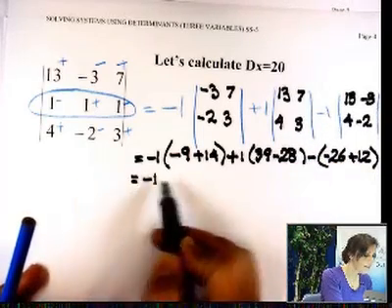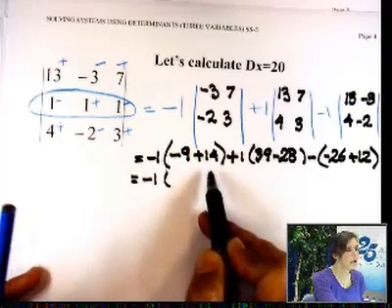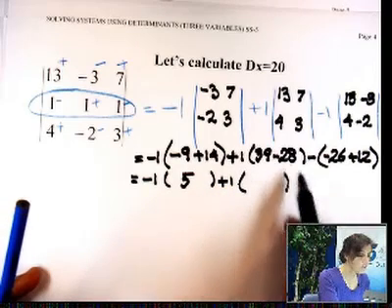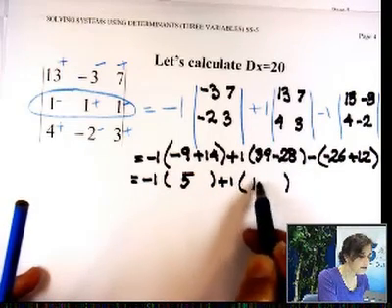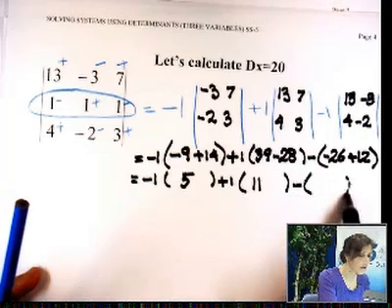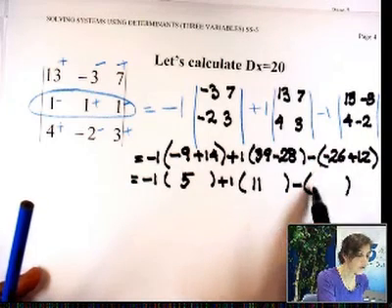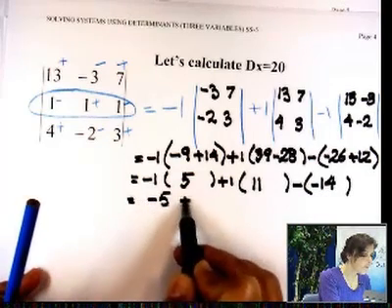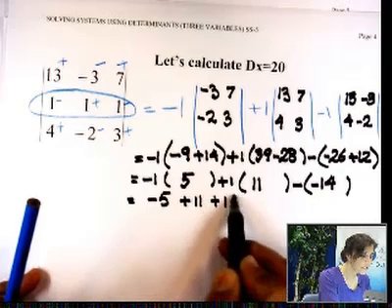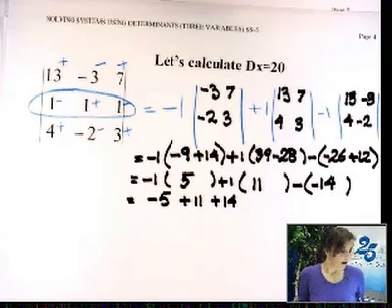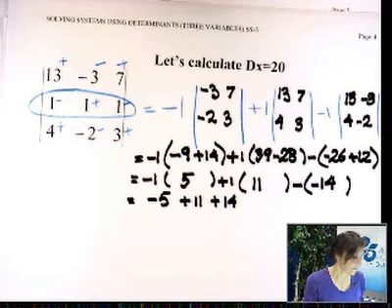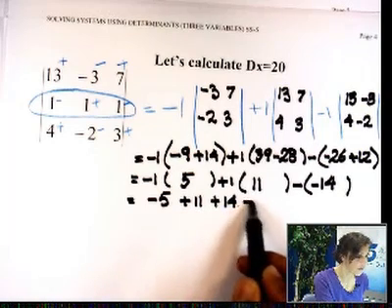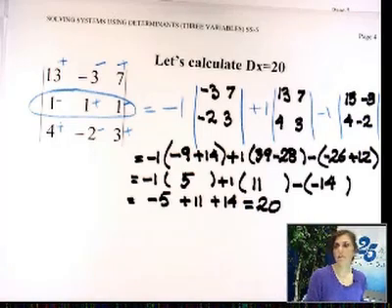So the negative 1, negative 9, plus 14, that's 5, plus 1. 28, 38, that's 11, minus 12, 22, 26, so that's 14. So this is going to be negative 5, plus 11, plus 14. 11 plus 14, that's 25 minus 5, 20. So we got that one.